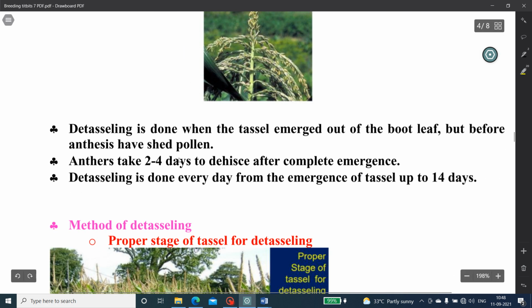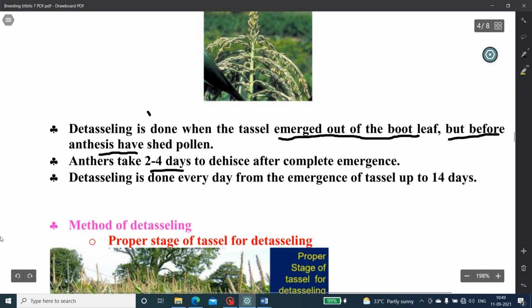Detasseling is done when the tassel has emerged out of the boot leaf stage, but before anthers have shed. This is more important. The anthers will be available for 2 to 4 days after complete emergence.